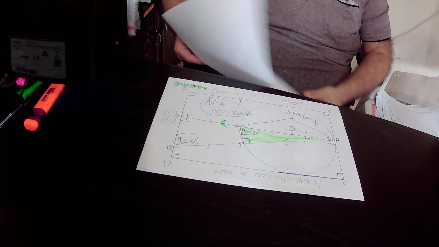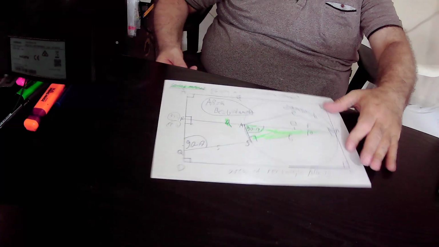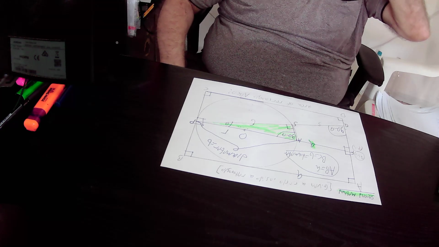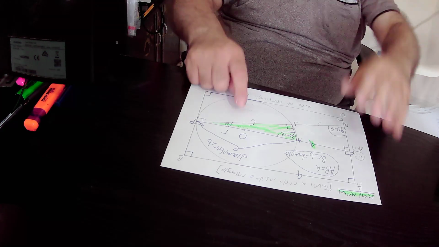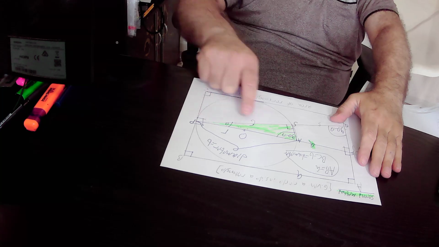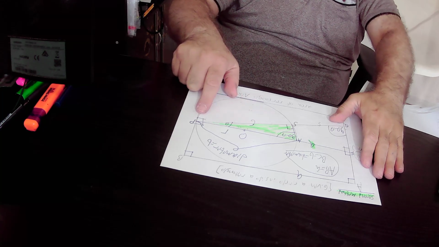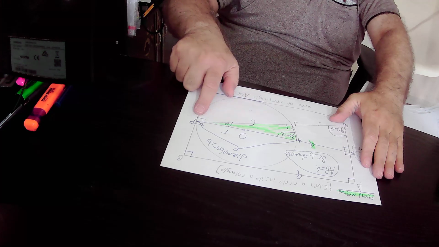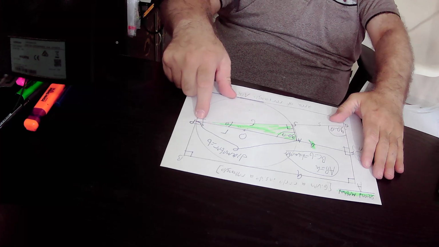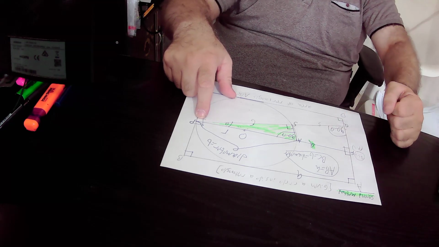Here we join points O and P together by a straight line. Point O is the center of the circle, point P is a point on the circle itself, therefore OP is the radius of the circle. This angle equals 90 degrees, this angle also equals 90 degrees according to rule number 1.